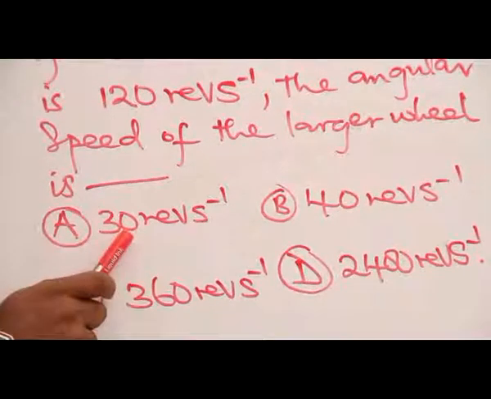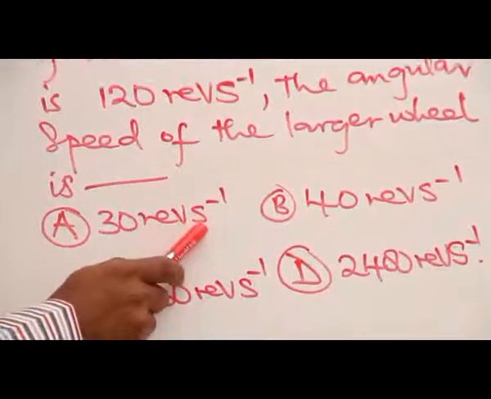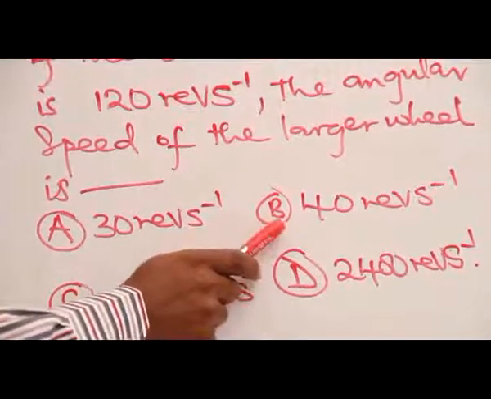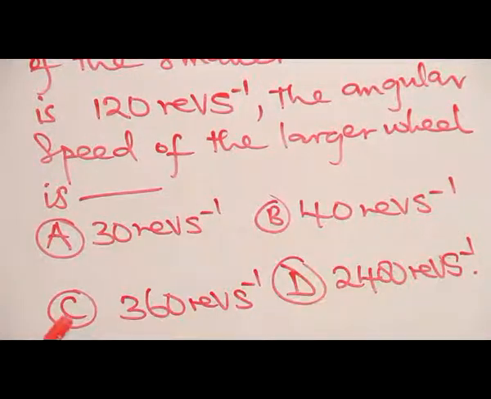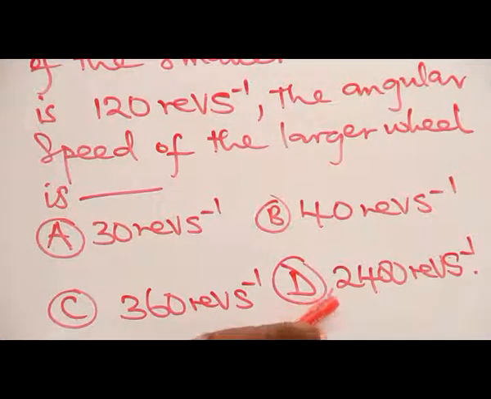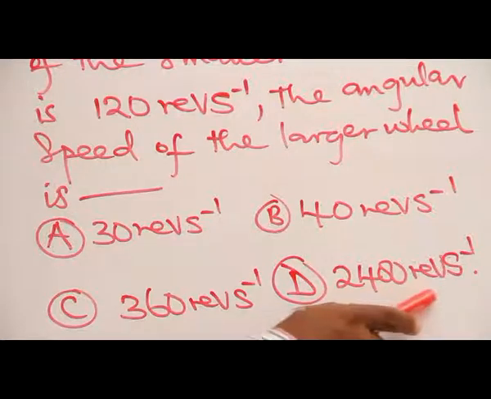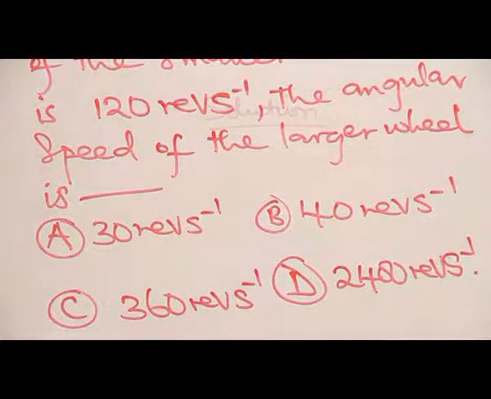A, 30 revolutions per second. B, 40 revolutions per second. C, 360 revolutions per second. And D, 2,400 revolutions per second.